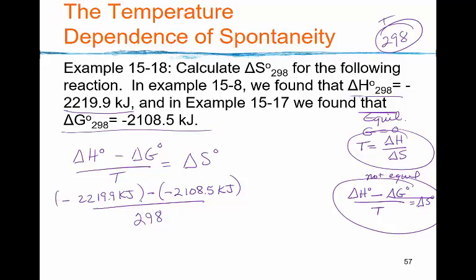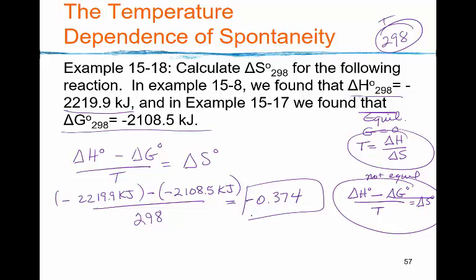All right, and so negative 2219.9 plus 2108.5 is going to give us a negative 0.374, unless I messed that up. Okay? So that is our delta S.